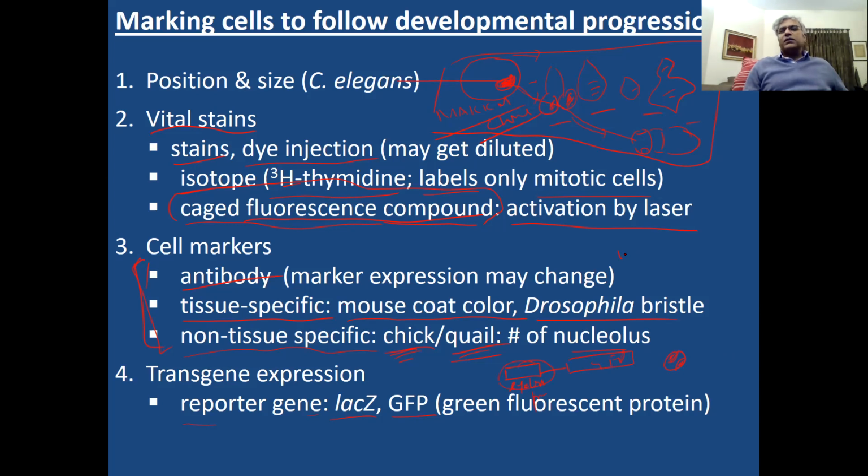Or you can use, let's say, a wing-specific enhancer and drive expression of your LacZ or GFP or whatever. And you can very clearly see the expression of LacZ or GFP, and that will help you understand where in the cells wingless is active or is supposed to be active.